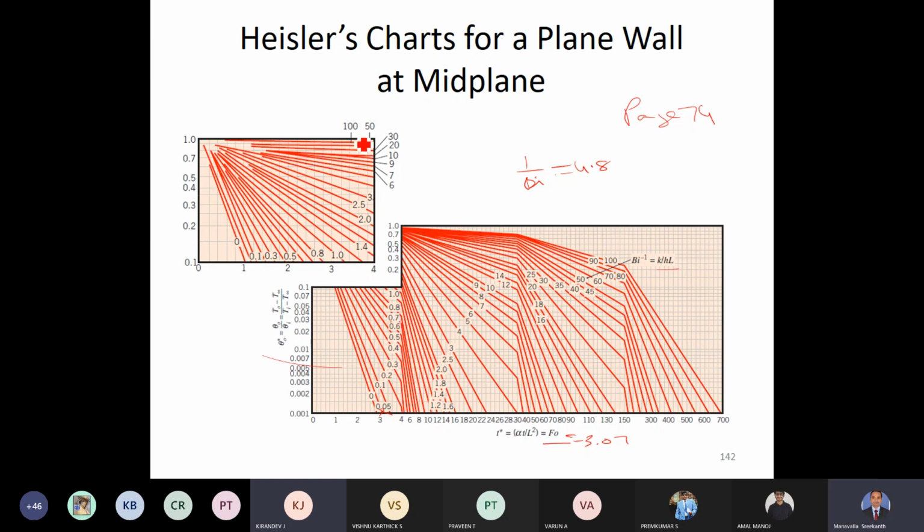and for our convenience this region is actually enlarged in this smaller inset. So this is to our advantage. This is 3.07, and this is 3, this is 4, this is 5. So go up like this.